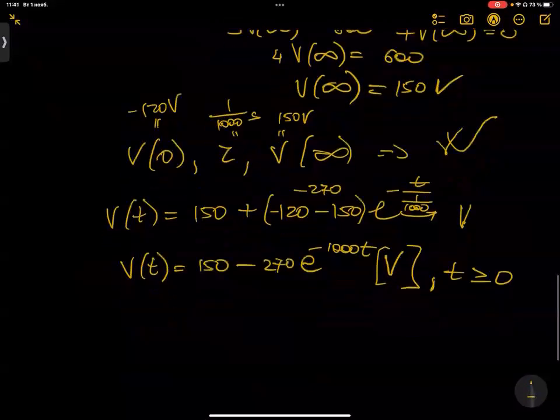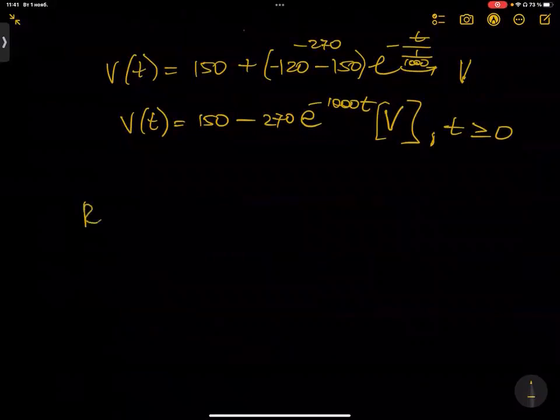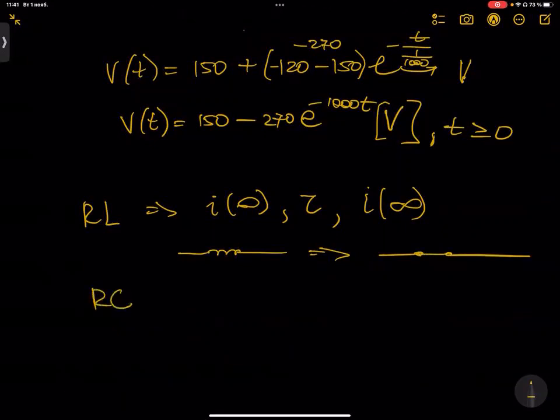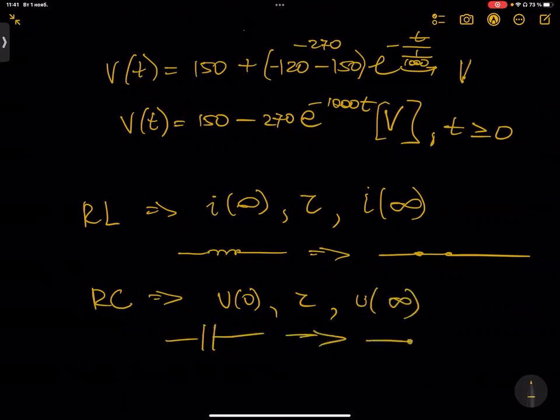As a conclusion, in an RL circuit you find I0, the time constant, and I infinite, and you replace the inductor with a short circuit. In an RC circuit, you find V0, the time constant, and V infinite, and you replace the capacitor with an open circuit.